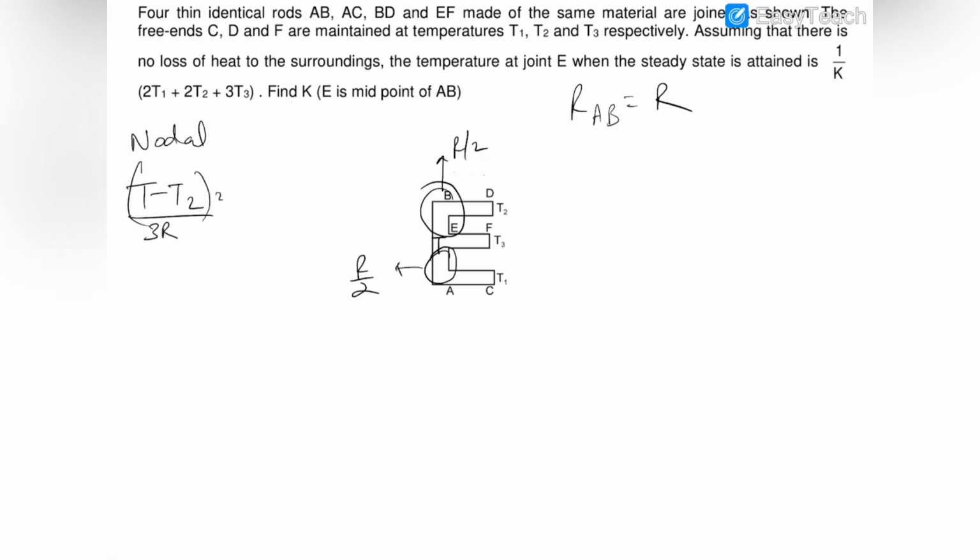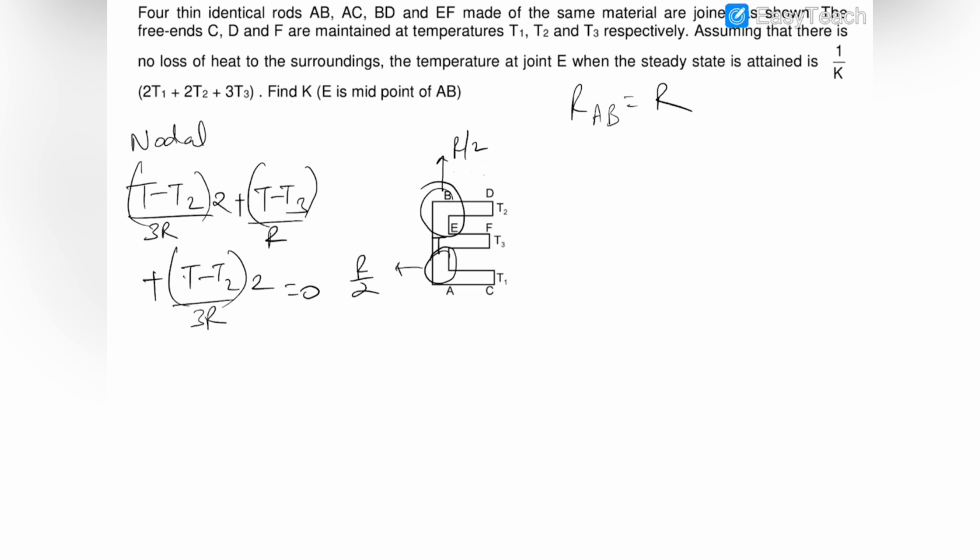Plus the heat current of this end will be T minus T3 divided by R. And the heat current of this end will be T minus T2 divided by 3R by 2. And this will be equal to 0.